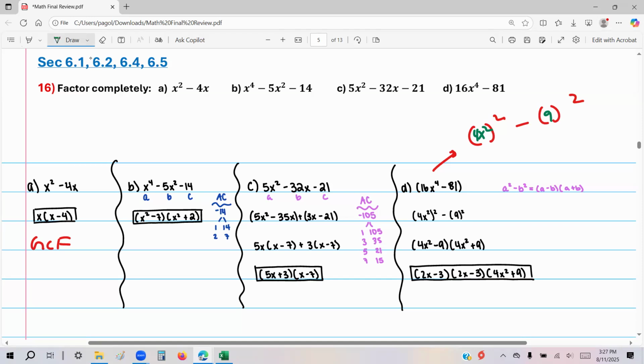When you have a difference of squares, their factors are conjugates. So 4x squared plus 9, 4x squared minus 9. For the plus 9, we have nothing to do. This is prime, so you leave it alone. But the other one is more factorable, so you do the same thing again.